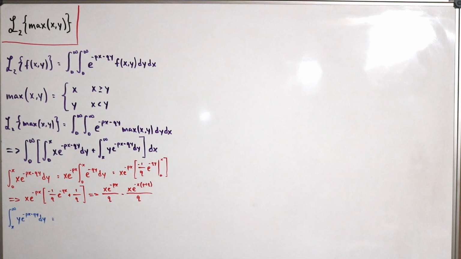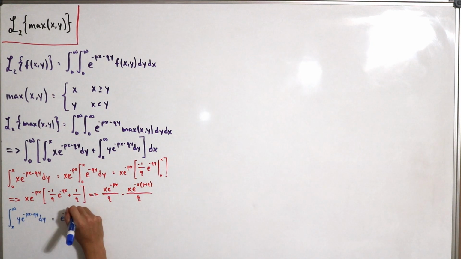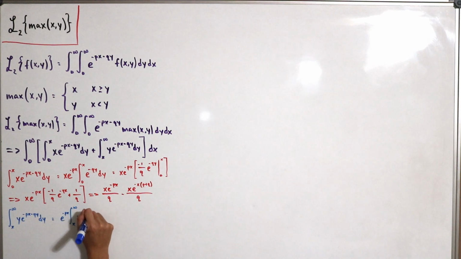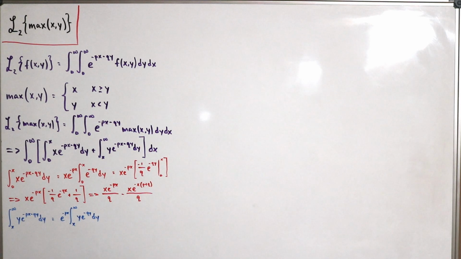We have an e to the negative px that does not depend on this integration, so I can factor that out. Now we have y times e to the negative qy dy. As you can see, we have to perform some integration by parts.